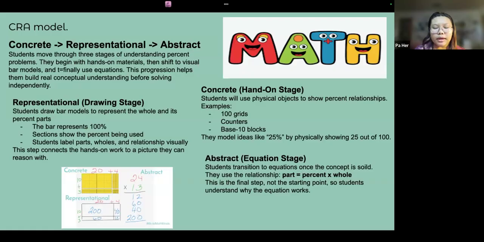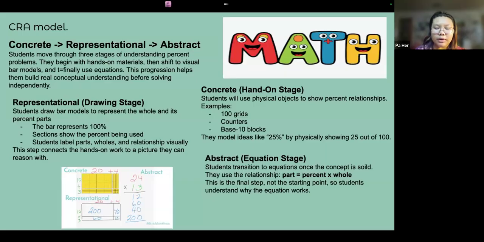Once they're comfortable with that, we'll move to the representational stage. Here they will draw models or tape diagrams to show the same percent relationship visually. The bar model becomes a bridge. It connects the hands-on work to the math symbols that they'll use later.